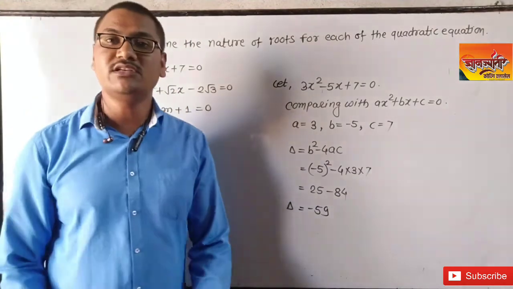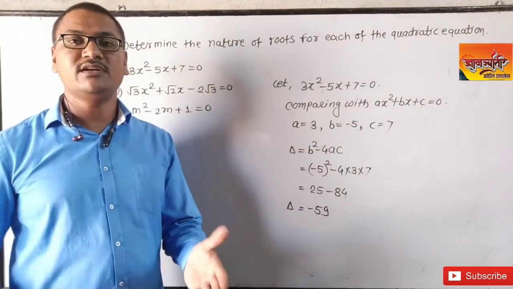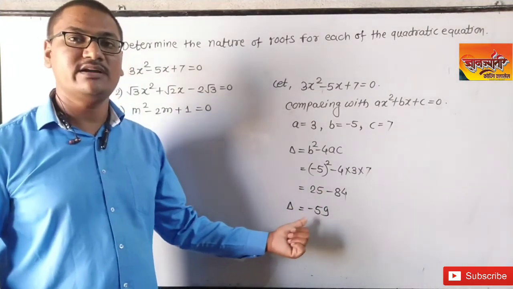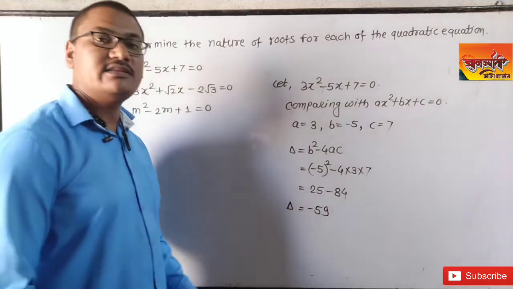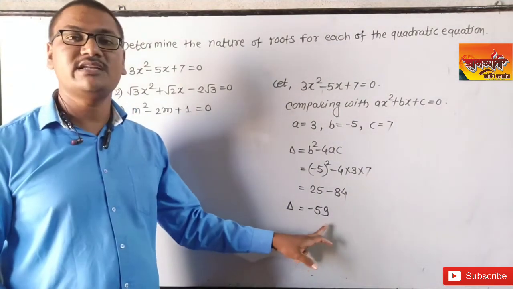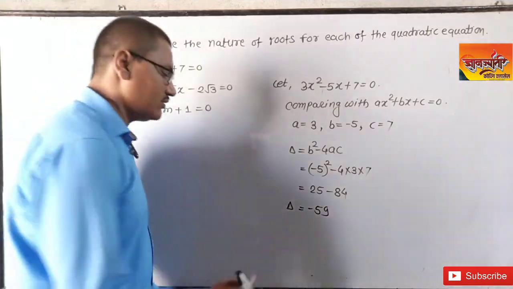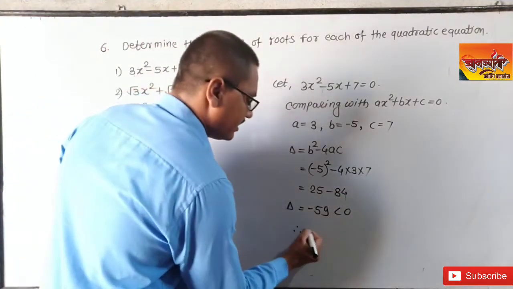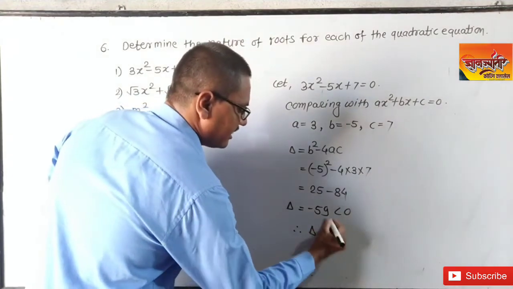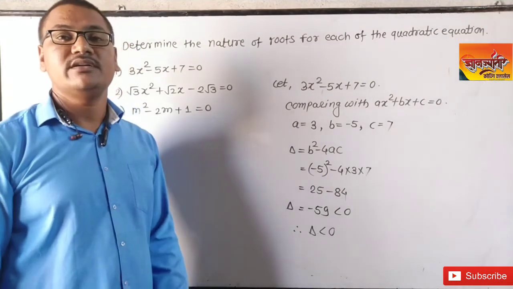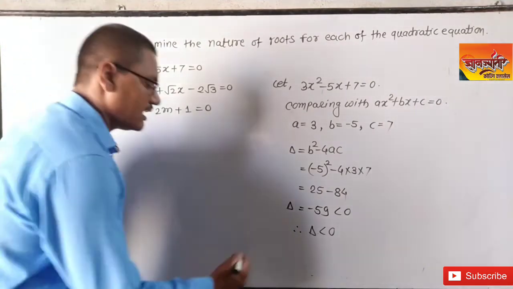Which of the three conditions is satisfied by this value of the discriminant? It is the third condition: the discriminant is less than 0. Therefore delta is less than 0, so the nature of roots is not real.